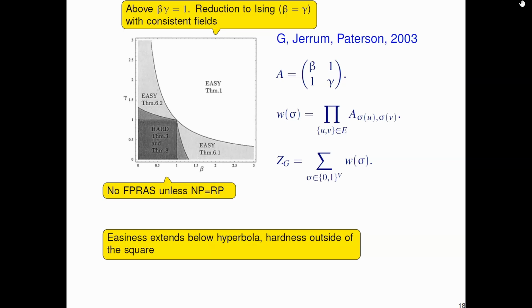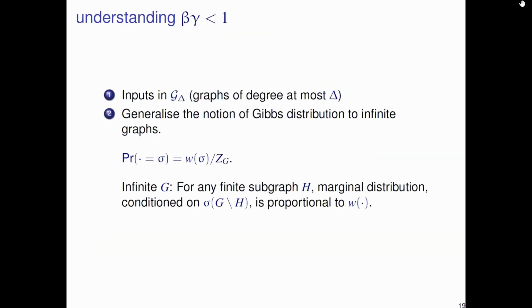Since then, we know a lot more. In fact, we understand this whole quadrant. So what I want to do next is tell you what is the true curve that separates easiness from hardness in this upper quadrant. To do that, I'm going to go back to G delta, which is graphs of degree at most delta.